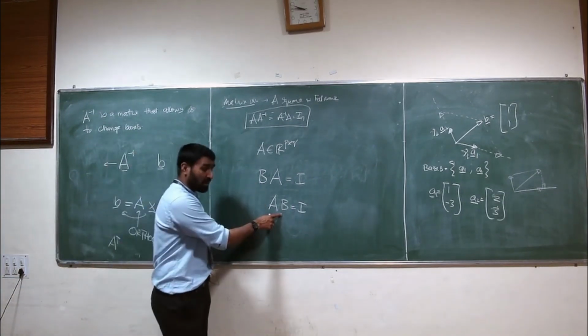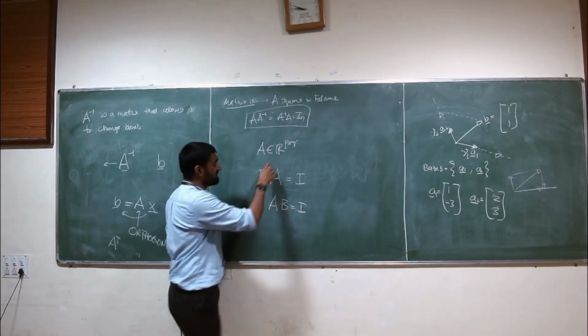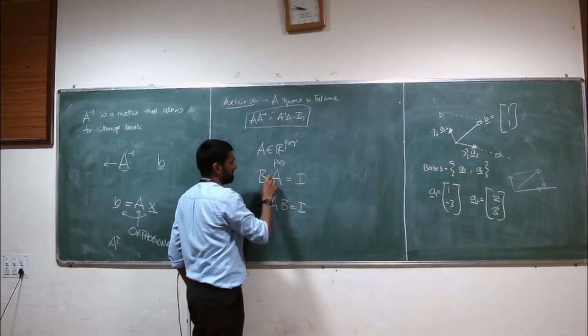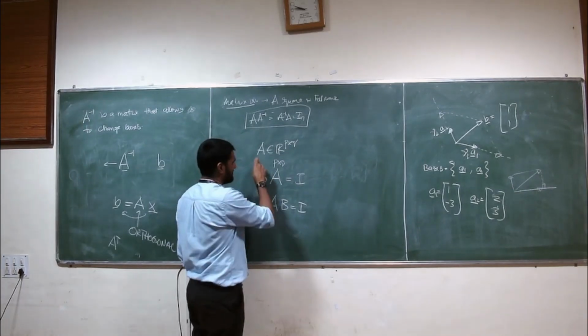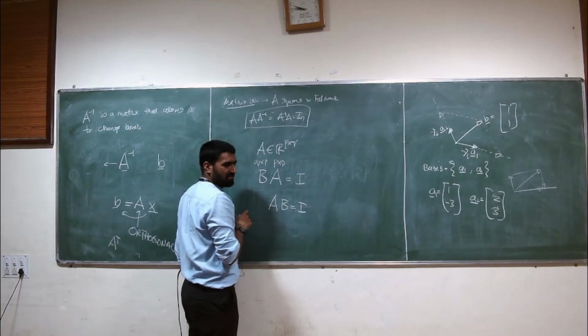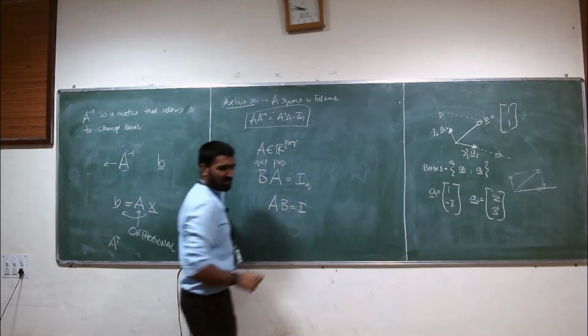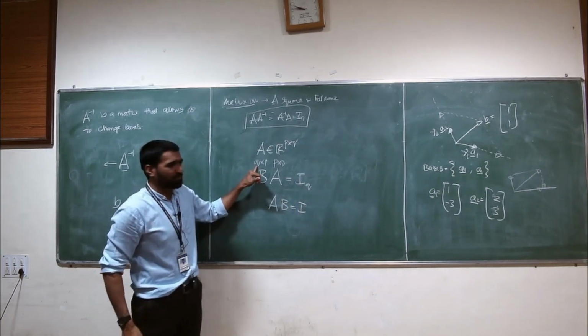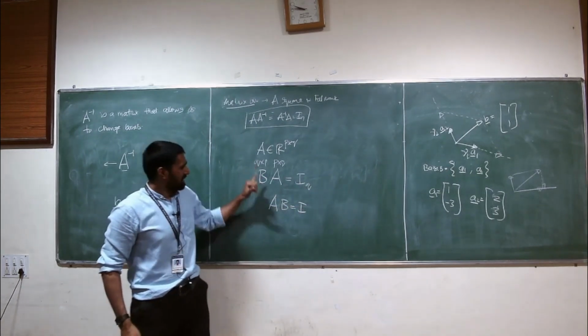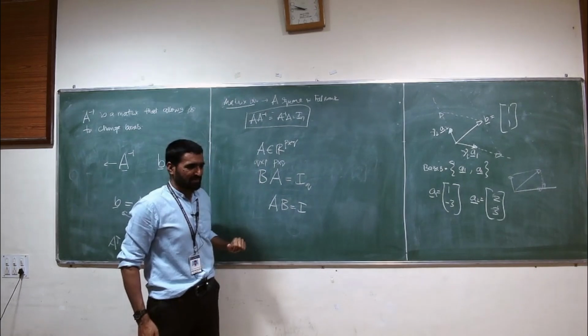Is this even allowed? If it's rectangular, this is P cross Q. Let's say this is Q cross P. Then what will I get? I get Q, IQ, because I has to be square. I cannot choose anything here. It has to be Q, and this has to be P, because this is P.